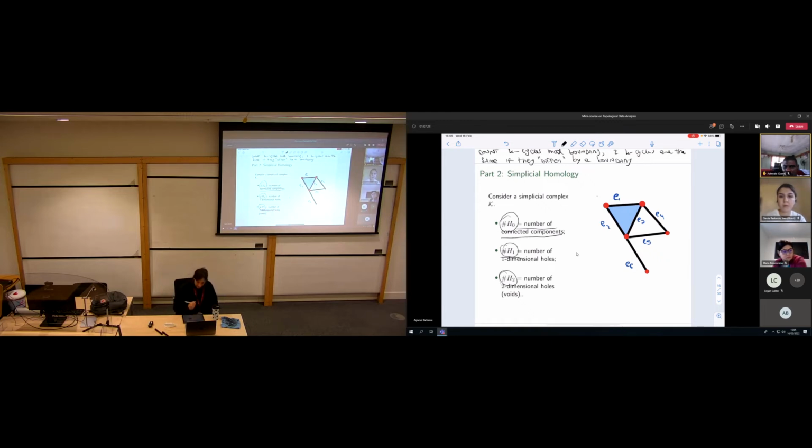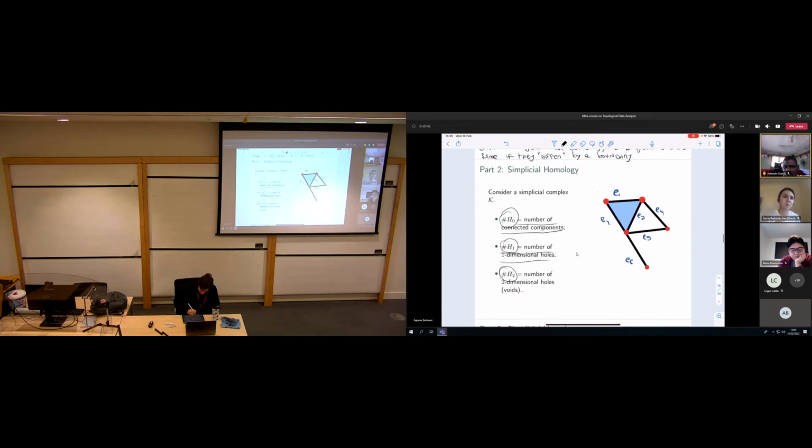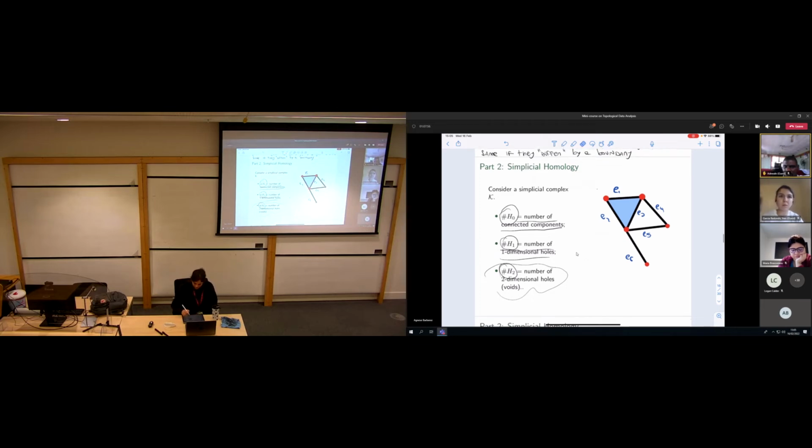Similarly, the first Betti number, or the cardinality of H1, is equal, as we wanted, to the number of one-dimensional holes, given by cycles mod this boundary equivalence relation. And the cardinality of H2, so Betti number 2, is going to be equal to the number of two-dimensional holes or voids.